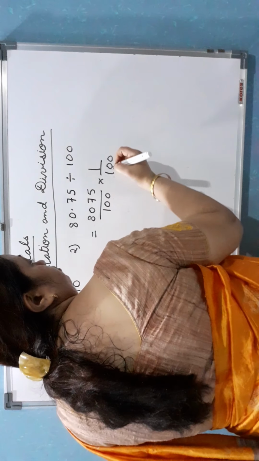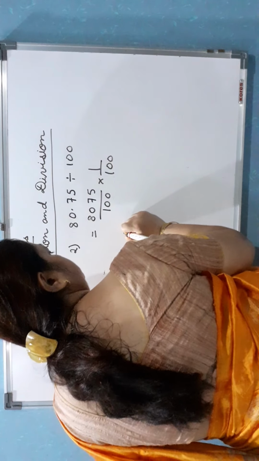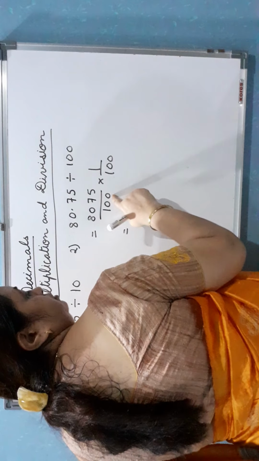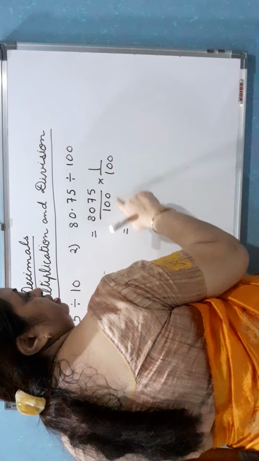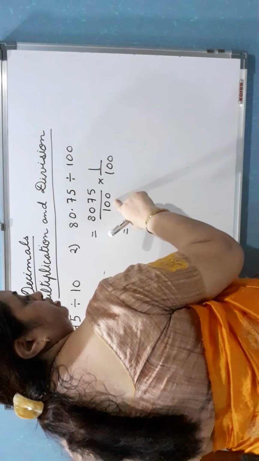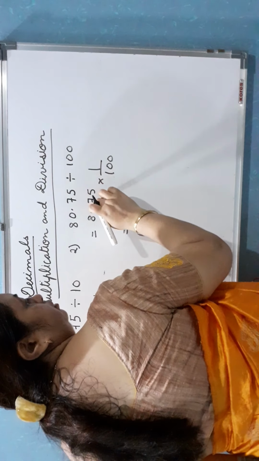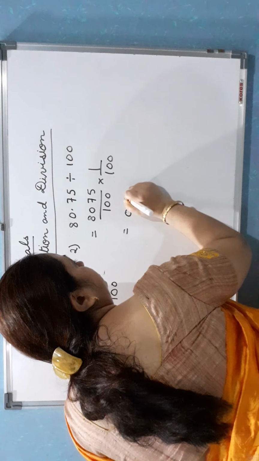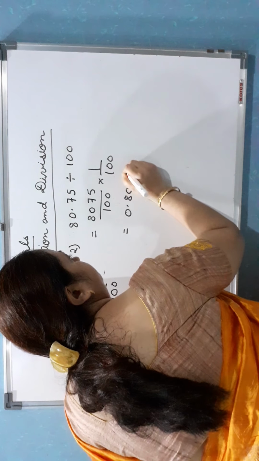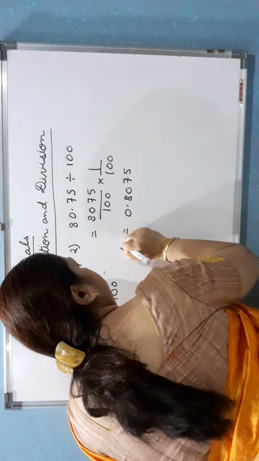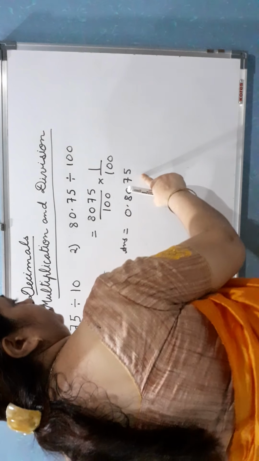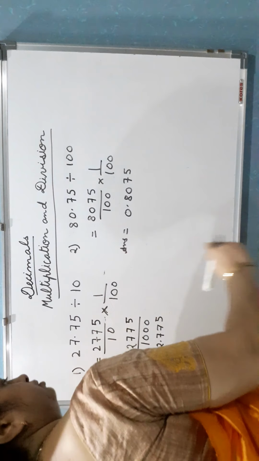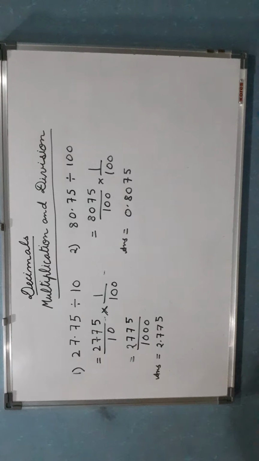So what will your answer be now? 4 zeros are here. 2 zeros here, 2 zeros here. So 1, 2, 3, 4. Your answer will be 0.8075. Okay. Your answer will be this. Now let us do another one.